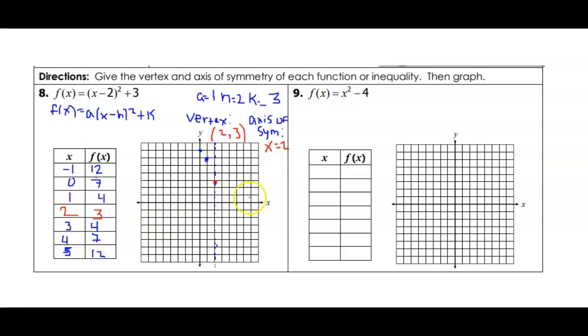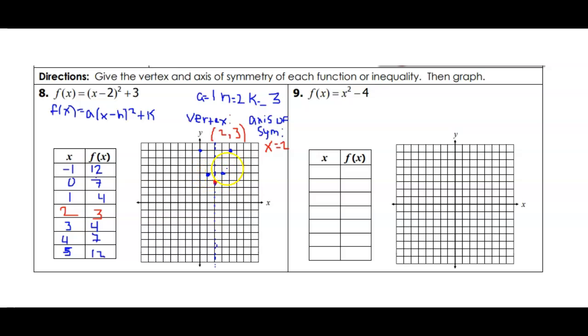So I know at 3, I'm going to be up at 4. And at 4, I'll be up at 7. Okay, and Miss Bennett adjusted her points.